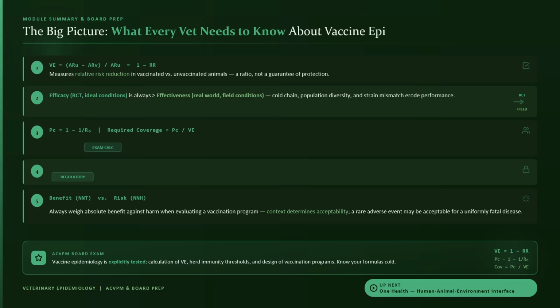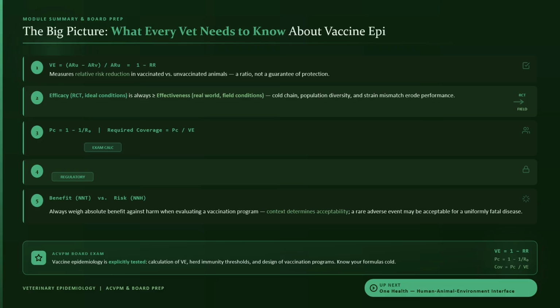3, the population math. The herd immunity threshold, PC equals 1 minus 1 divided by R naught, and required coverage, PC divided by VE, know these cold. You will be asked to calculate them. 4, the regulatory dimension.